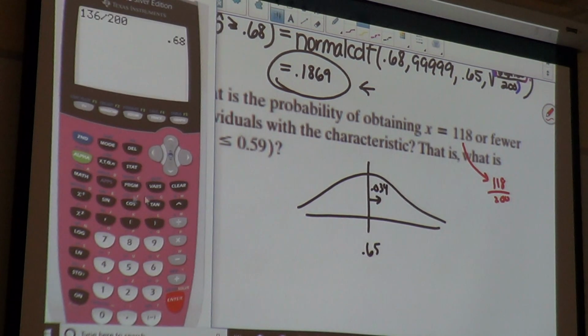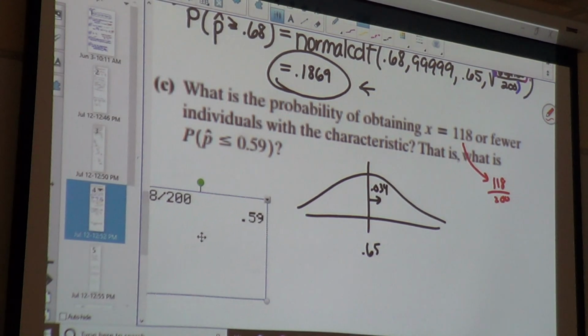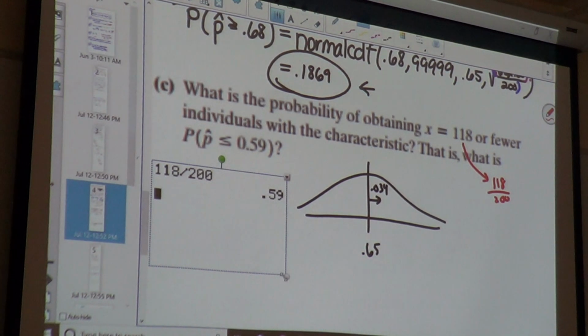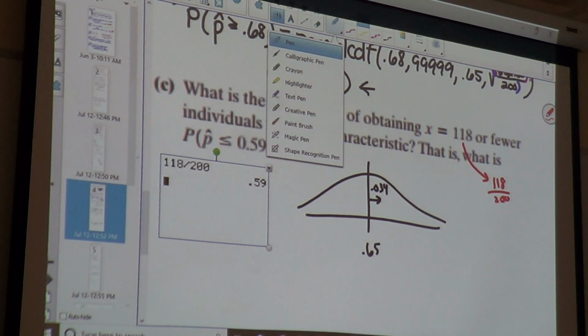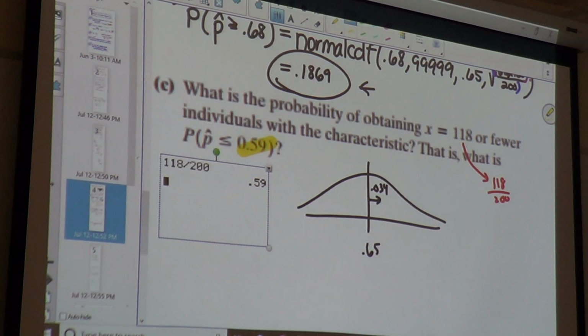So if I come over here, it's going to be 118 over 200. That's where the 0.59 is coming from. Those are really two of the same things. One's just as a quote-unquote data point, and one is as a percentage. So we are doing 59% or fewer.